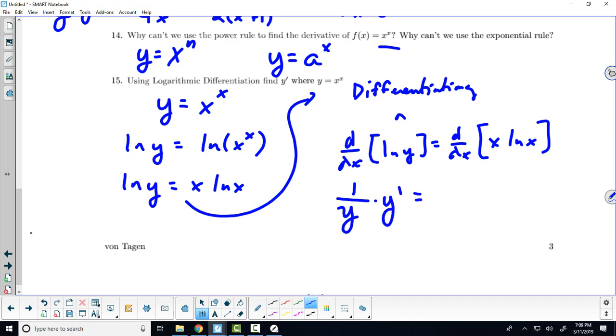What do I have to do over here? What's that? The product rule, right? So here's my first times the derivative of the second plus my second times the derivative of the first. Okay?